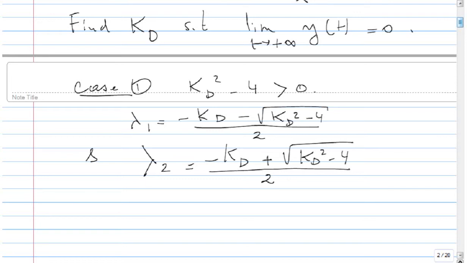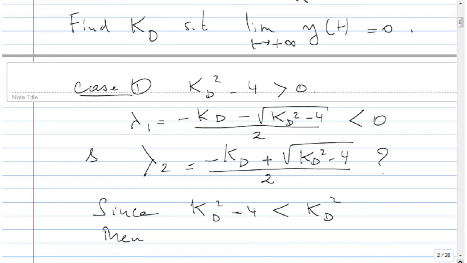So clearly the first eigenvalue is negative because we have minus and minus, right? But what about this one here? Is it lambda 2? Is it negative or positive? So clearly, since kd squared minus 4 is less than kd squared, then the square root of kd squared minus 4 is less than the square root of kd squared, and since kd is a positive quantity, this is equal to kd.